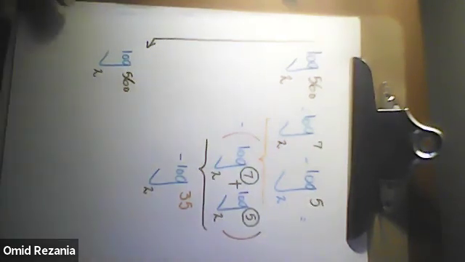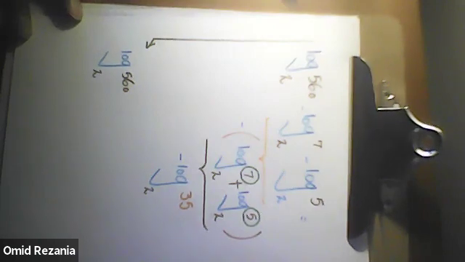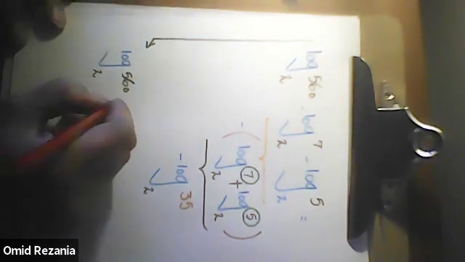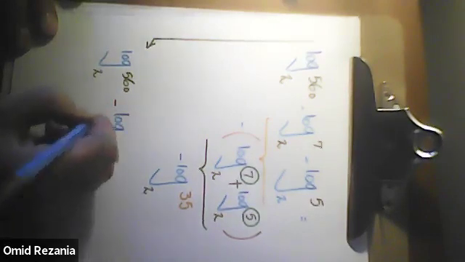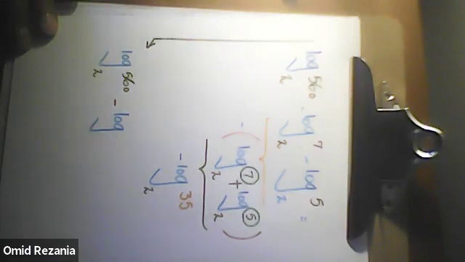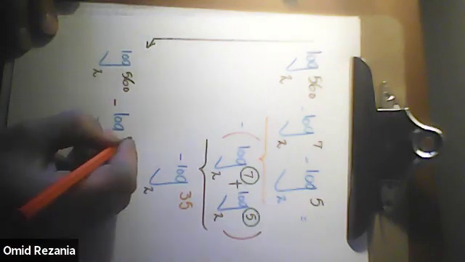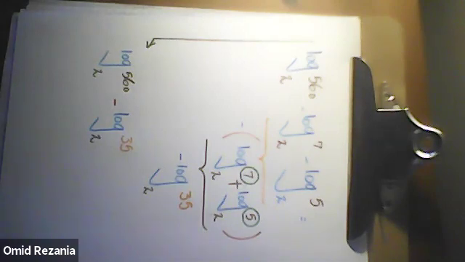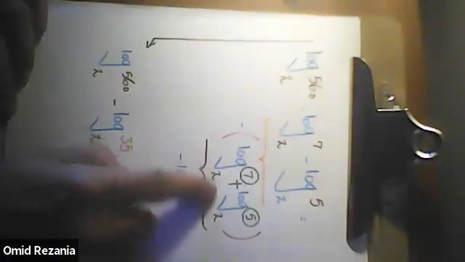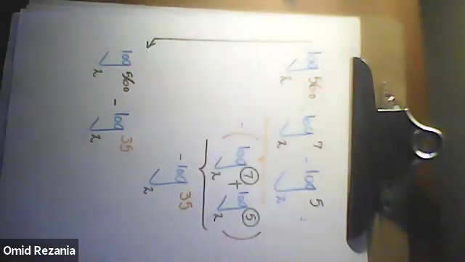Which means that it becomes, let me use the green color, minus log of 35 with the base 2, correct? That's essentially the same thing. By doing the first step, instead of having 3 terms, I have 2 terms. You see that?